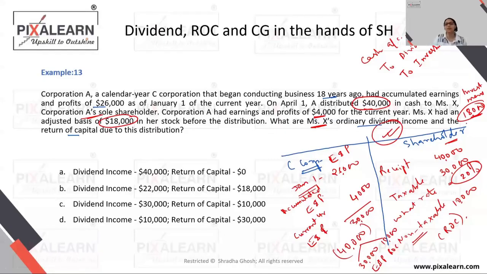So out of this 18, now my balance sheet will show the investment of only 8. Now, if the company gives me more dividend, till 8, I will not pay any tax. Beyond 8, it will become capital gains. So in my example here, my dividend income is 30,000 and my return of capital is $10,000.